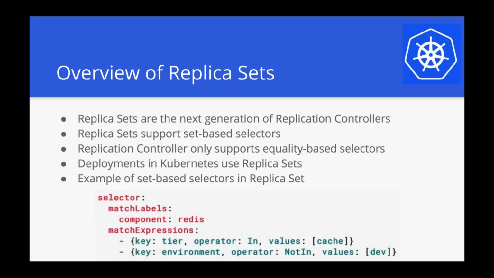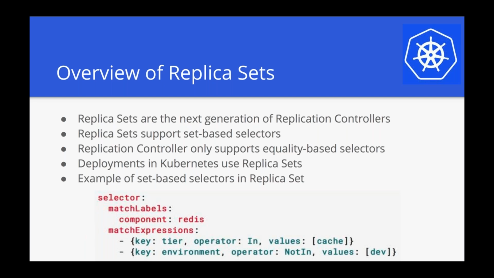But replica sets are slightly different. Replica sets are exactly like replication controllers, but they are considered the next generation, primarily because they support what are called set-based selectors. The fundamental difference between a replica set and a replication controller is the way they are associated with the pod definition.